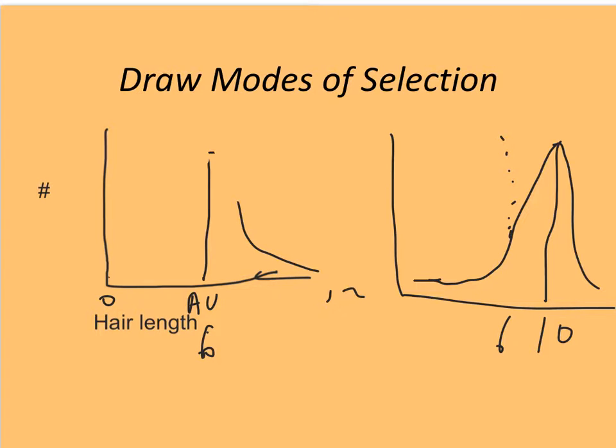So, first of all, the individuals who had, let's say, less than 6 inches, they didn't leave any offspring. Only those with longer fur actually survived. And then they reproduced, and now we have a distribution where the average individual has 10 inches of fur instead of 6. That's directional selection.